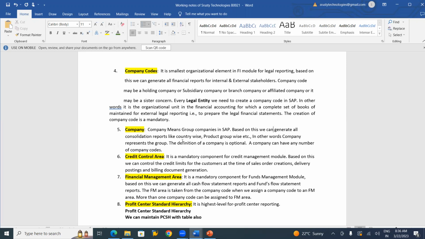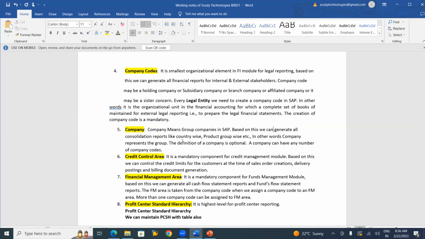Birla Steels, that's it. No other businesses. Then directly without creating a company, we can create a company code. All the books and all the reports will be maintained at company code level, because we don't want any group reporting, because we have only one business.